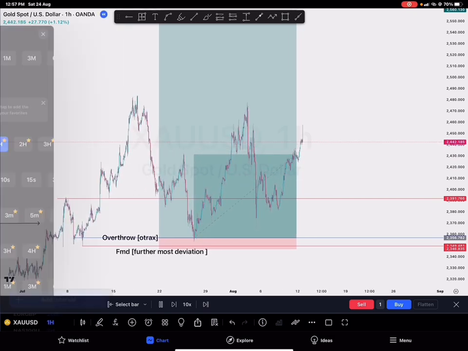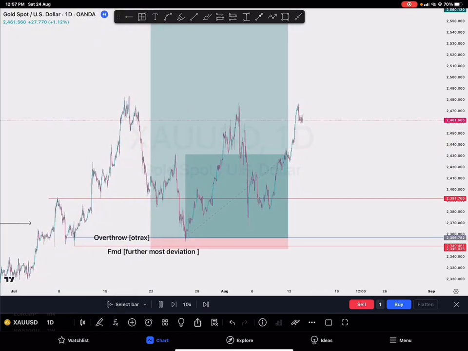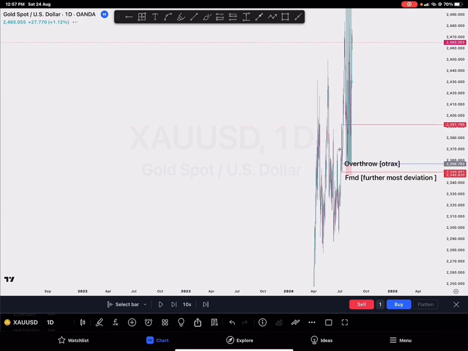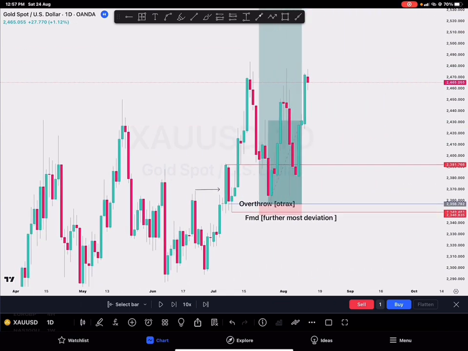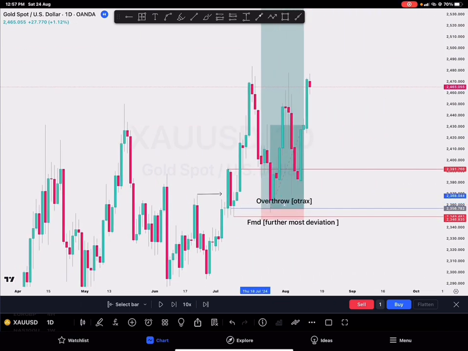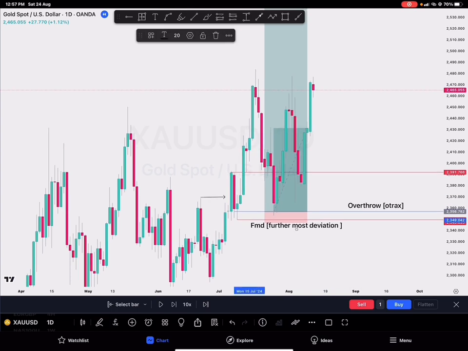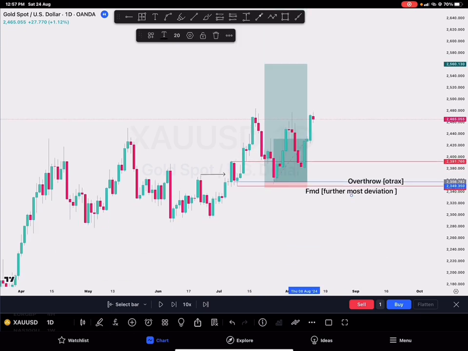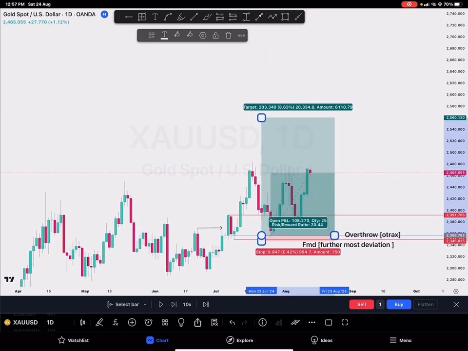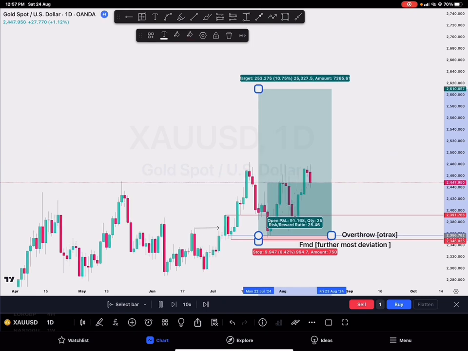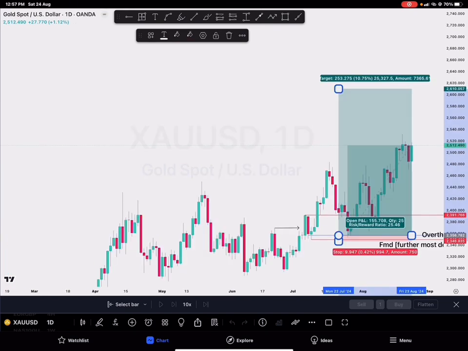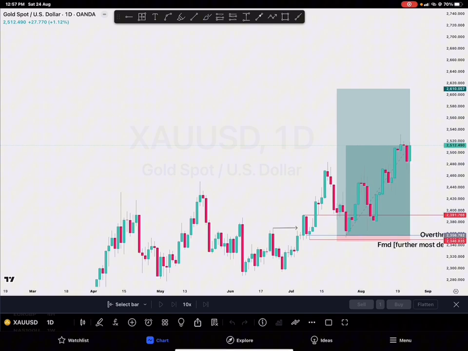So when you come out to the daily time frame, price performed a normal liquidity engineering from that level, and you see it gave a good amount of pips. So those lower time frame normal liquidity engineerings I use to get entry confirmations.